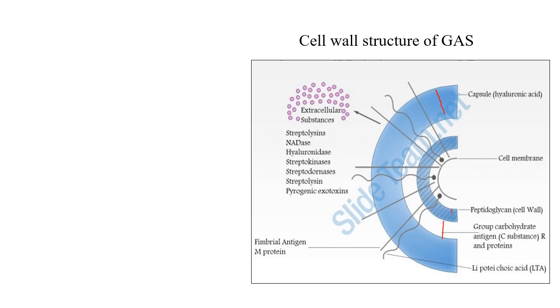There is a peptidoglycan layer, and then there are certain structures coming out of the cell wall, and that is the lipoteichoic acid and an M protein, which I'm sure you all read of in the previous lecture, and a whole lot of enzymes which are produced by this bacteria.